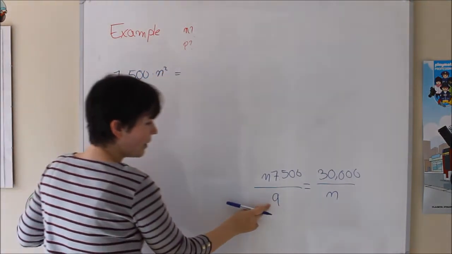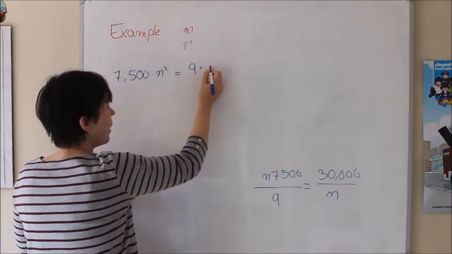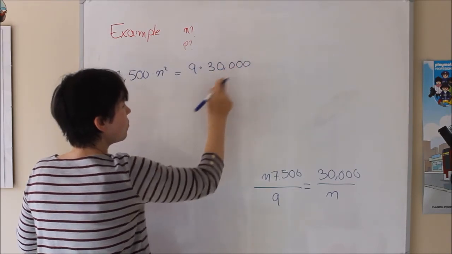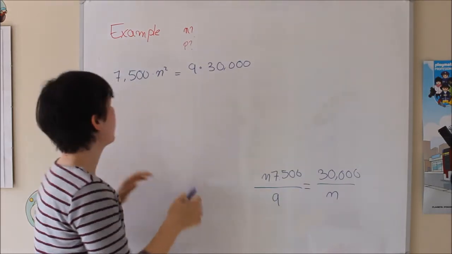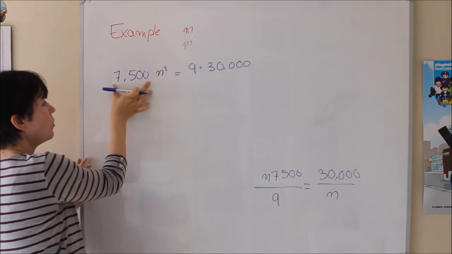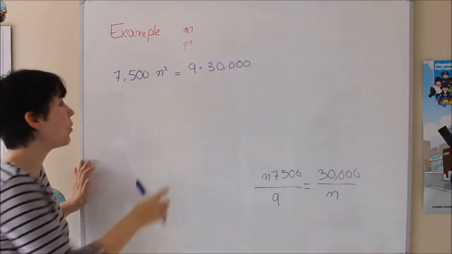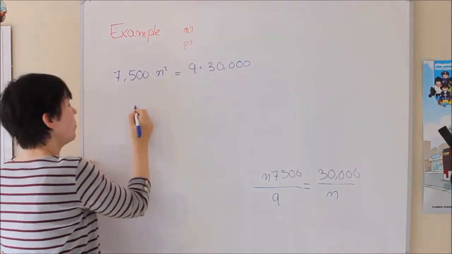Equal to, I said, this is dividing, so it goes to the other side, multiplying. 9 times 3, 30,000. Because it's a multiplication, it doesn't matter the order. So this is the thing that we are looking for. Because this is multiplying, it goes to the other side, dividing. Just keep in mind that we want to isolate the n, to know the value of that variable.